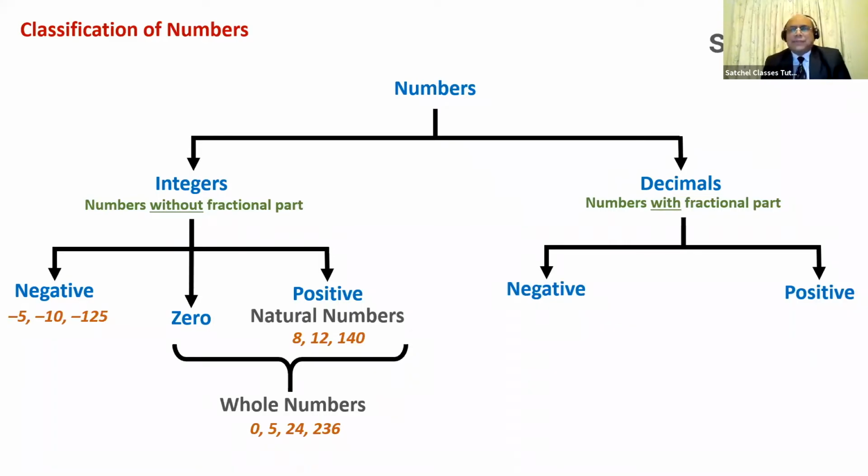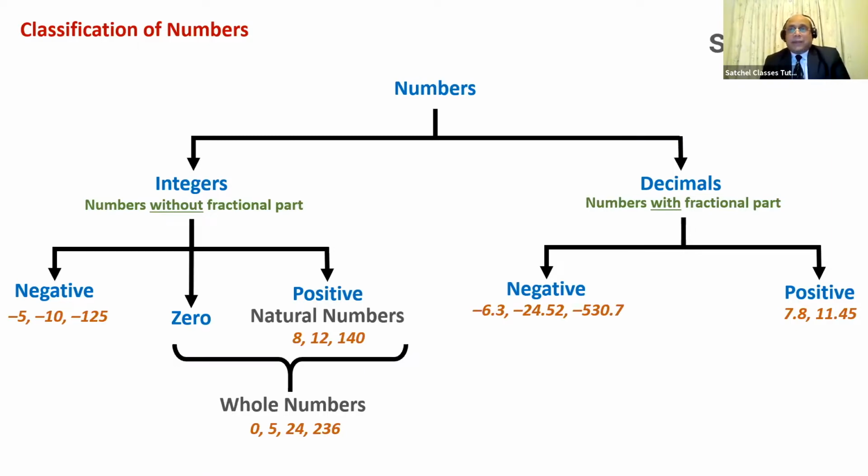The examples are very easy to bring in. Negative decimals are minus 6.3, minus 24.52, minus 530.7, and so on. Whereas the positive decimals are 7.8, 11.45, right? Well, now it feels like this is the complete classification of numbers.